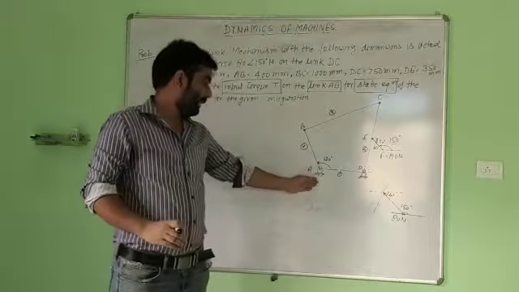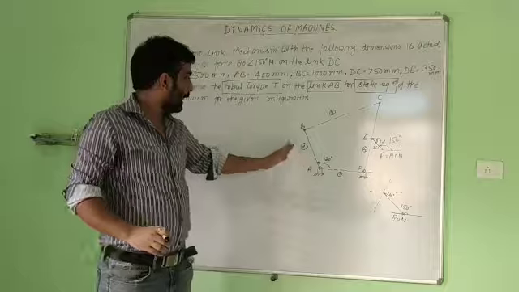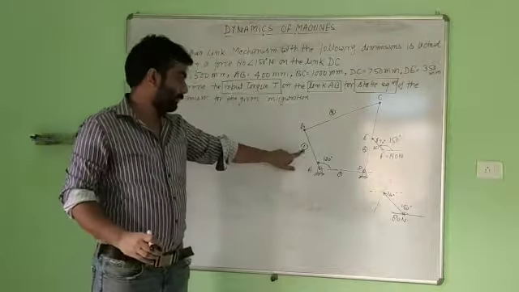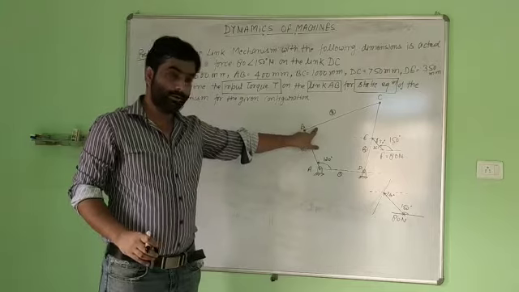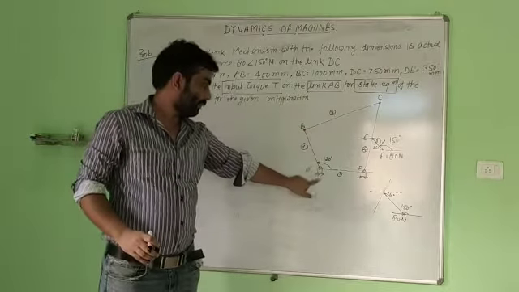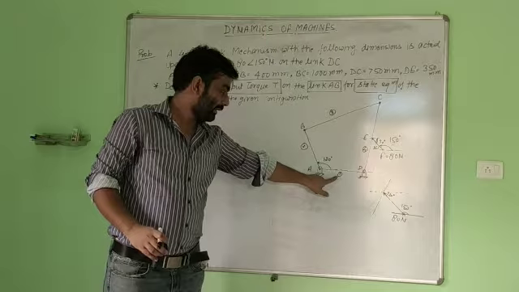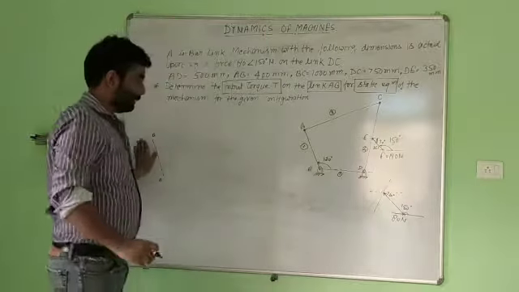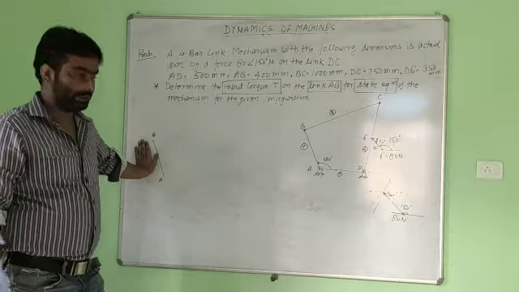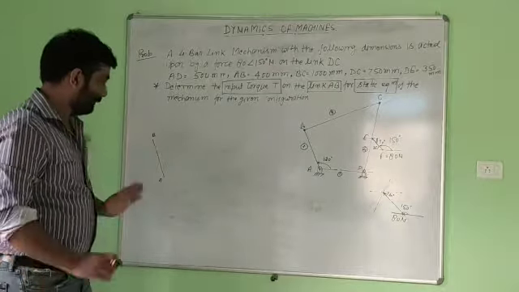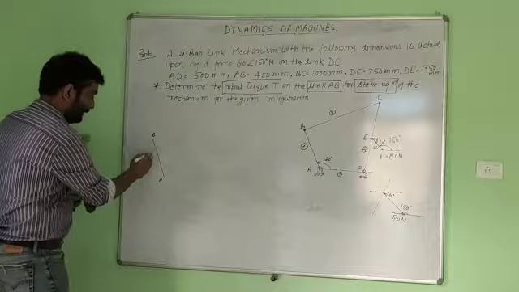On AB, we will have two forces and one external torque. One force will come from link 3, and one force will come from link 1. Till now we don't have any information about these two forces, so we will leave this link 2 as it is.